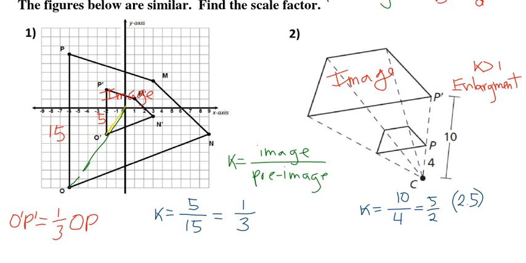In the first one, we have a scale factor that is between 0 and 1, less than 1. And in this case, we got a reduction. The original was bigger and the new one is smaller. That is what we call a reduction, and that happens when the scale factor is between 0 and 1.